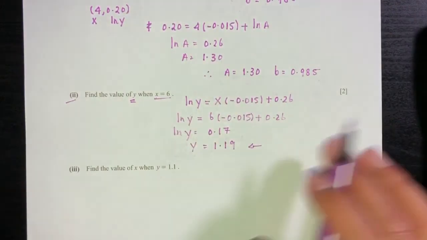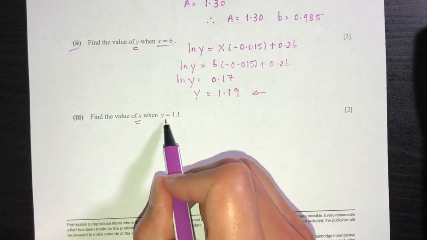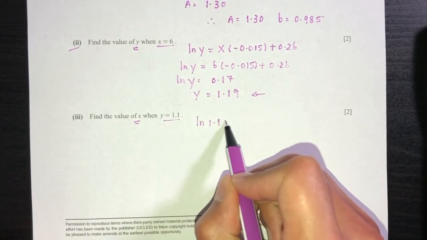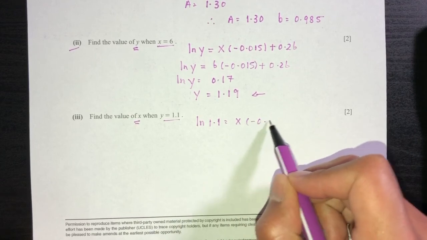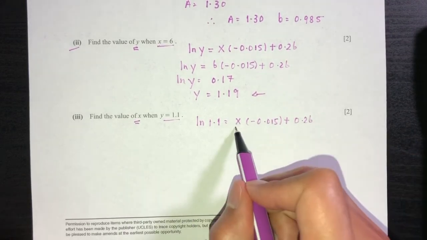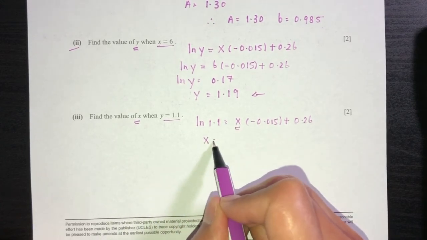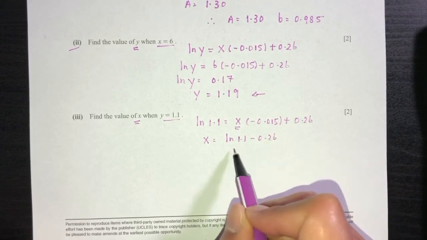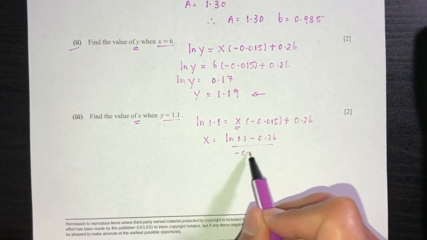So let's find the value of this one. Find the value of x when y is this. So that'll be ln 1.1 equal to x times minus 0.015 plus 0.26. Let's solve for the value of x. x will be ln 1.1 minus 0.26 divided by minus 0.015.